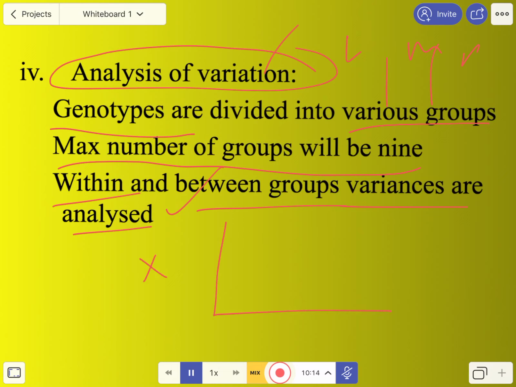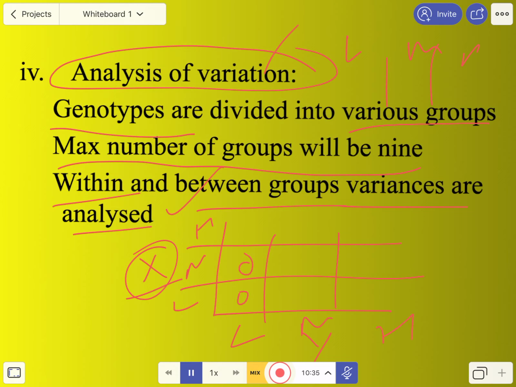Suppose there is a graph where one character showing high variability based on the mean value is represented on the x-axis, and the other character lies on the y-axis, and each has low, medium and high sections. So there are 9 groups. The maximum number of groups would be 9.